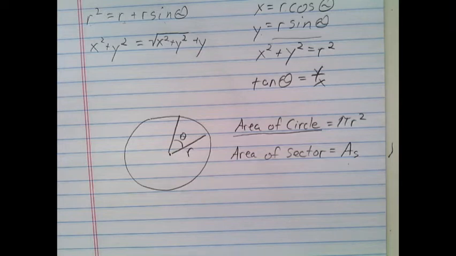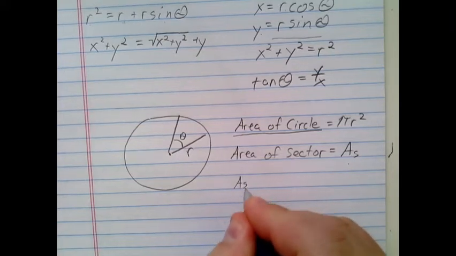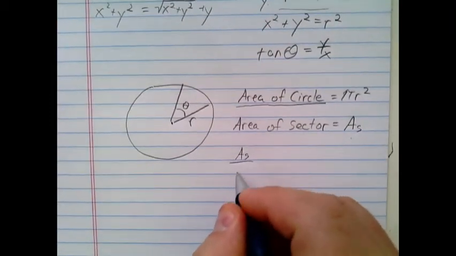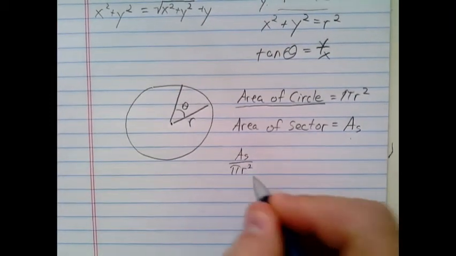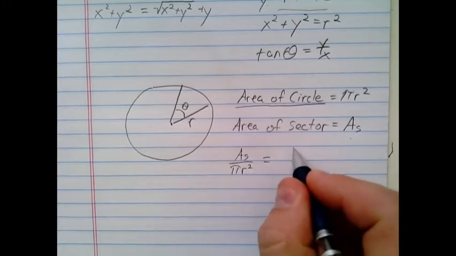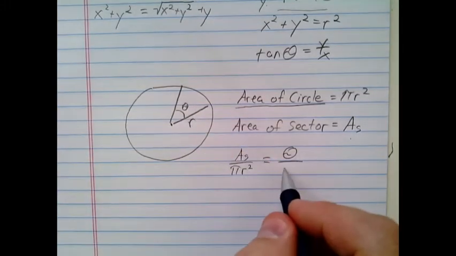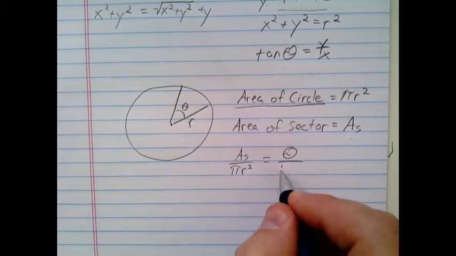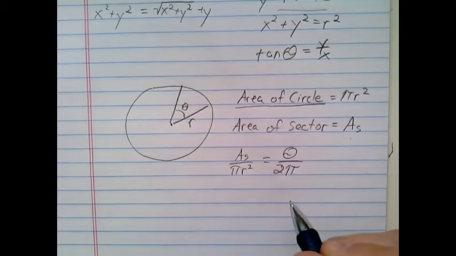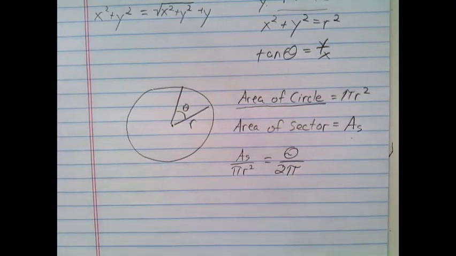So I think it stands to reason that the ratio of the area of the sector to the area of the circle, which is pi r squared, would be the same as the ratio of the angle in the sector to the entire angle of the circle. But instead of calling the entire angle 360 degrees, I'm going to call it 2 pi radians.